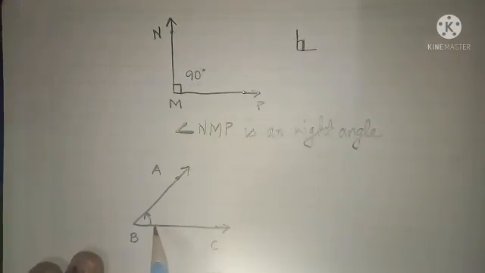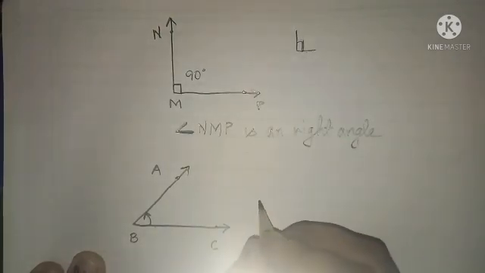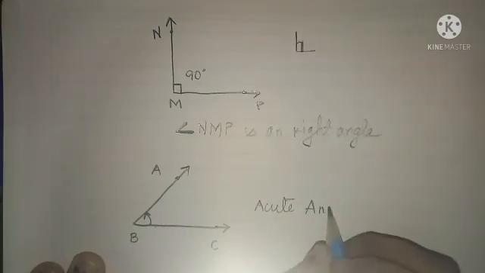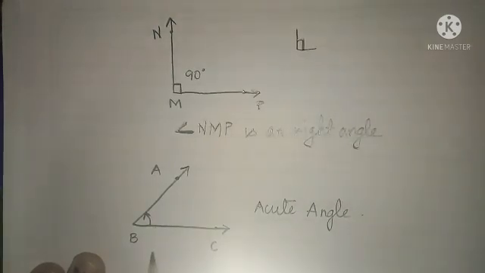So you will define this as an angle whose measure is less than 90 degree. This type of angle is known as your acute angle, and you will name it as angle ABC. The angle sign is a must for naming the angle. This angle measure is less than 90 degree. That is why it is your acute angle.